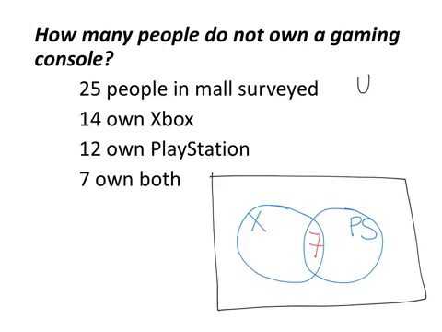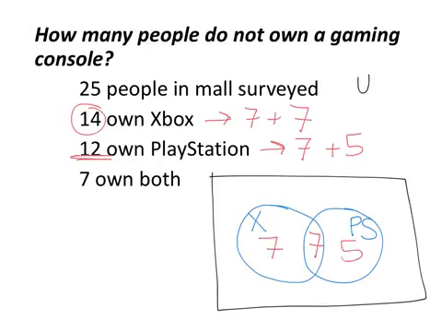That 7 now will be included within the 14. So there will be 7 people who own an Xbox and a PlayStation, and 7 people who just own the Xbox. The overlap is also included in these 12 who own their PlayStation, 7 who have both, and 5 extra.